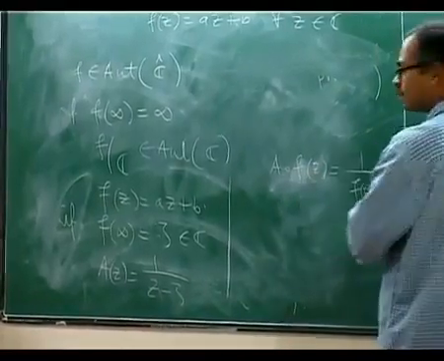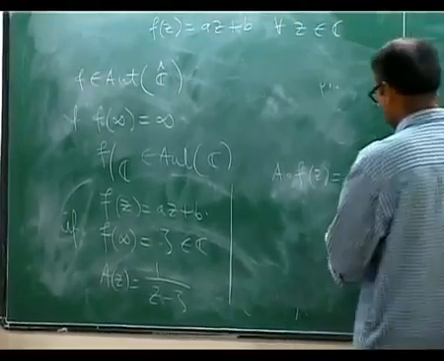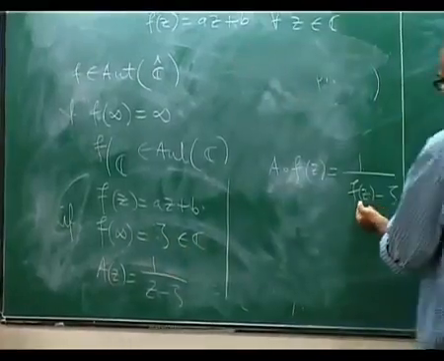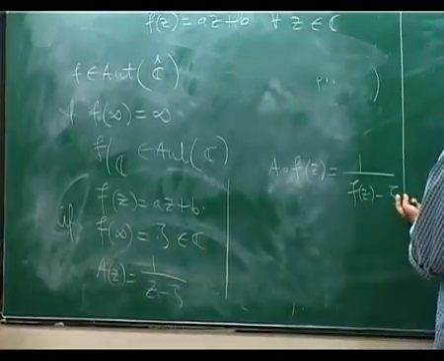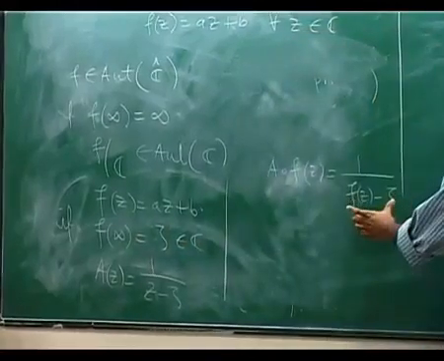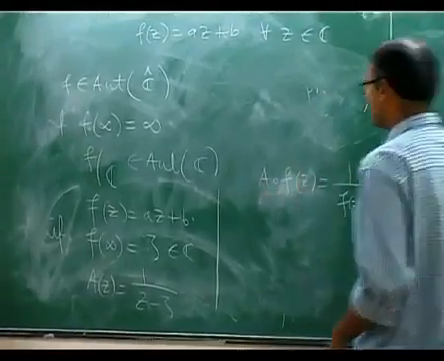This map takes infinity to infinity, because f of infinity is going to be a complex number, which is this zeta, so the denominator becomes 0, so that's an infinity. So this map takes infinity to infinity.